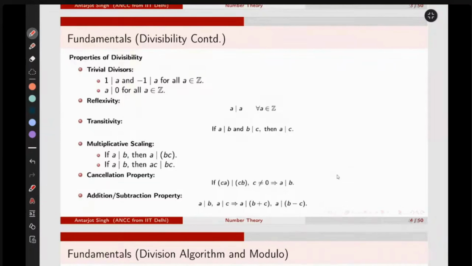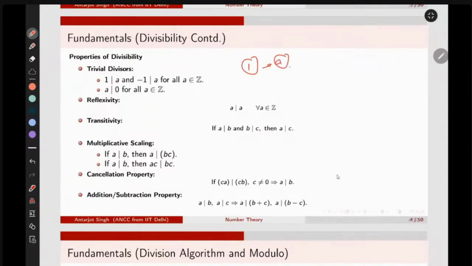One always divides every integer A, and negative one also divides every integer A, and it's obvious that A divides A. If A divides B and B divides C, then A divides C. We can say that because if A divides B, then B equals A K1, where K1 is some integer which must exist as A divides B. If B divides C, then C is B K2.